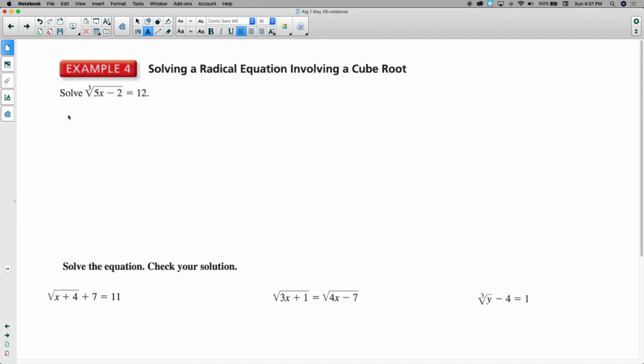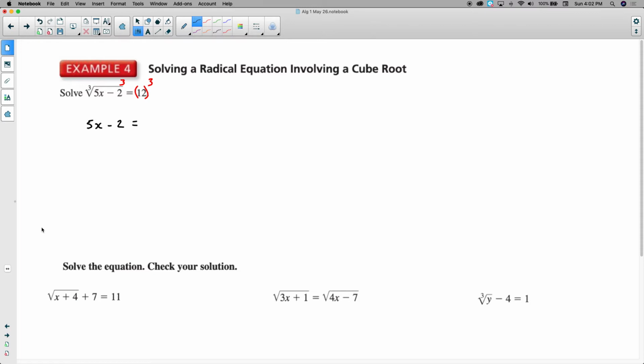A 3-for-1 trading scenario, and yeah, we're going to cube each side. All right, so we'll cube this side, and then I will cube that side. And that's looking like a pretty nasty number, but okay. Cubing and cubic rooting, those undo each other, so those are canceled out.